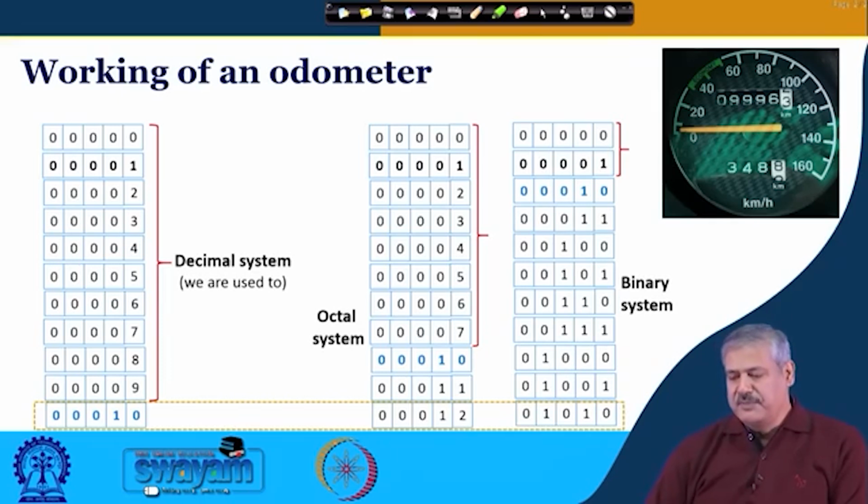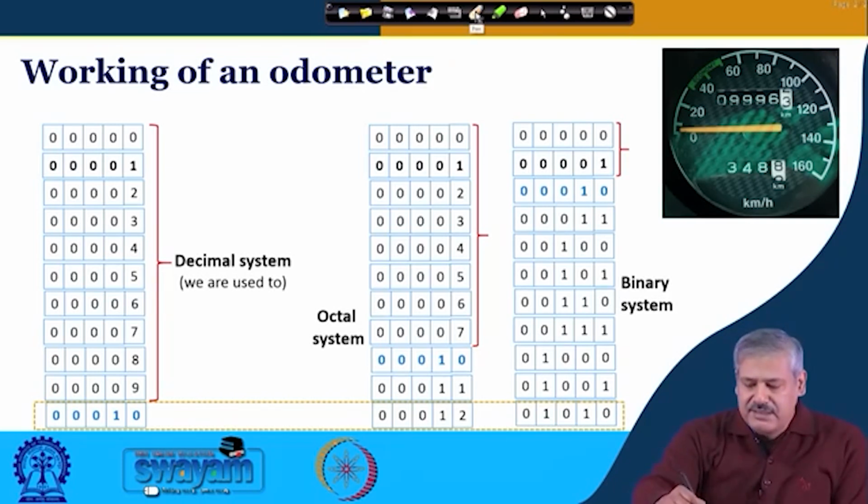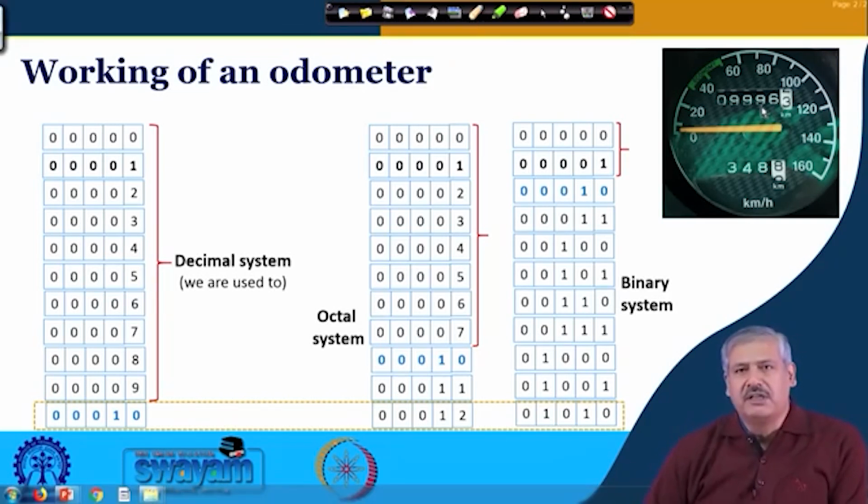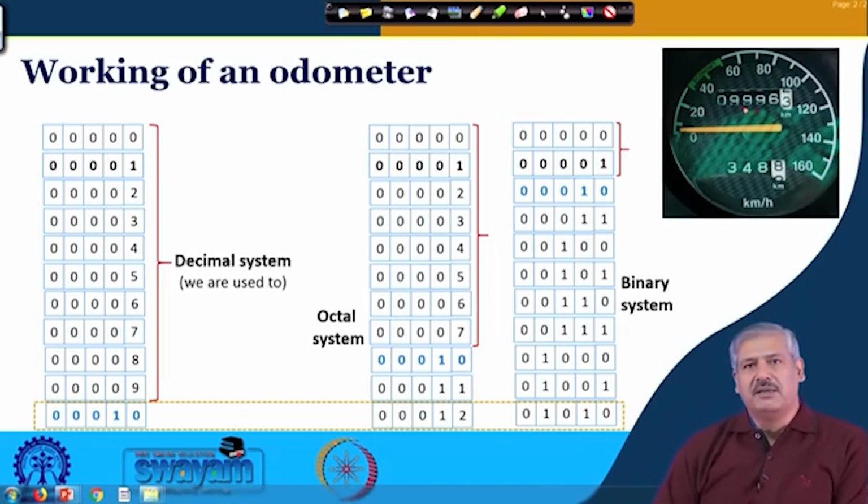So, if 1 unit distance is travelled, say 1 kilometer, the number gets increased by 1 unit, and then next unit and it gets incremented. In the decimal system, when it completes 0 to 9, then the next digit over here will get incremented. Okay. So, that is what we have already observed.